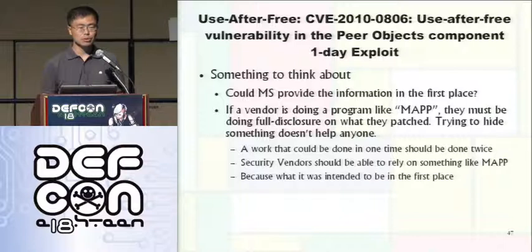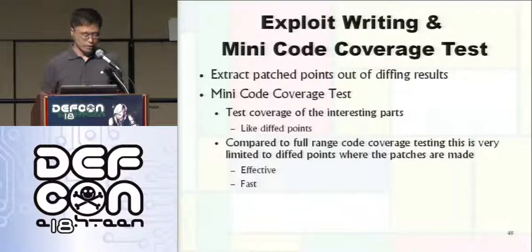I showed that the first one was caught by Core Impact a few months ago, and I showed two examples here from Microsoft. I only showed two, but I might find more if I look into more patches. It's a problem for security vendors not having the full information.